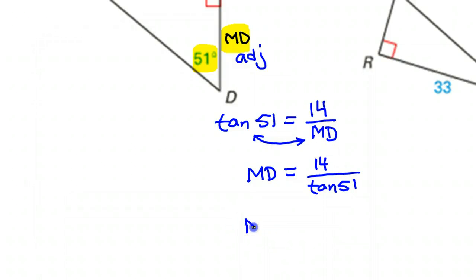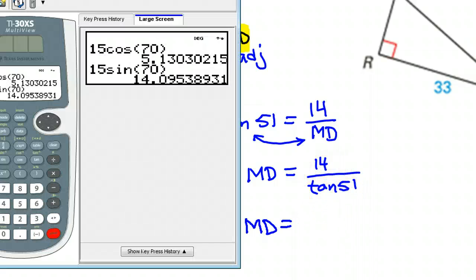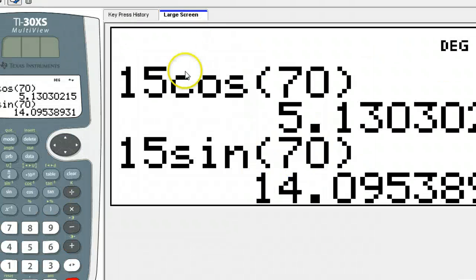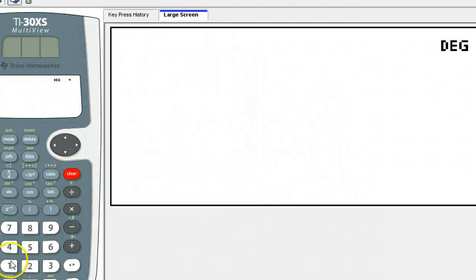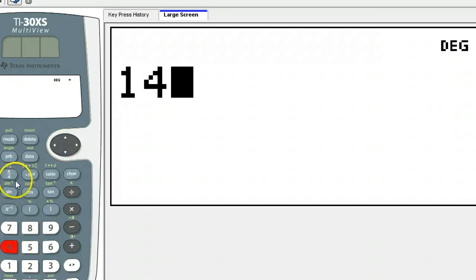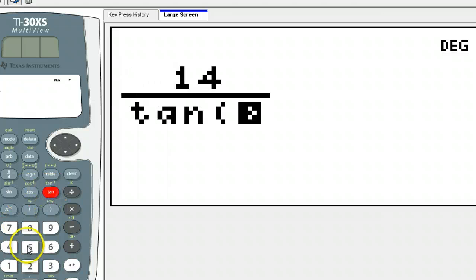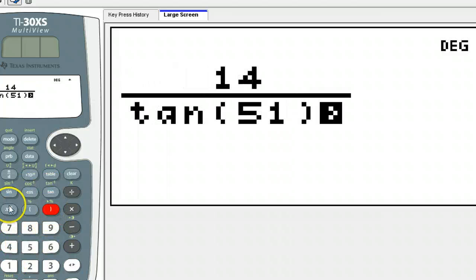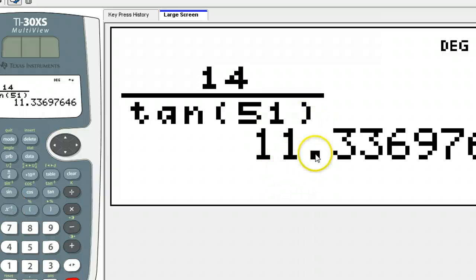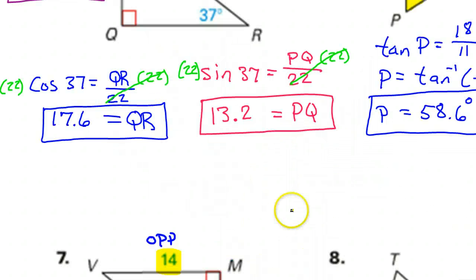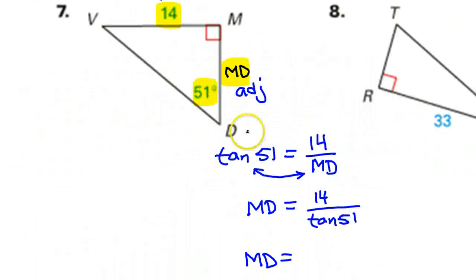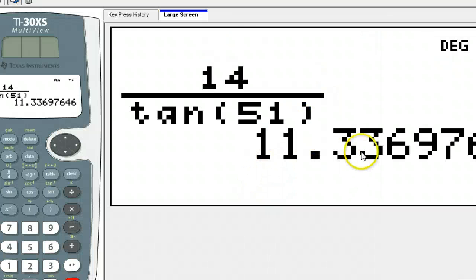So I can just put this in my calculator: 14 over tangent 51. So that is 11.33. I forget what we're rounding to now. 1 decimal place. So 11.3.